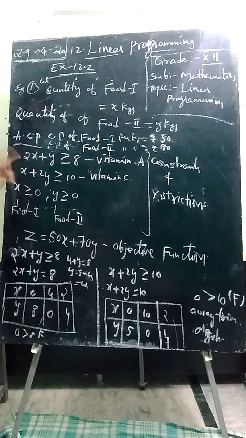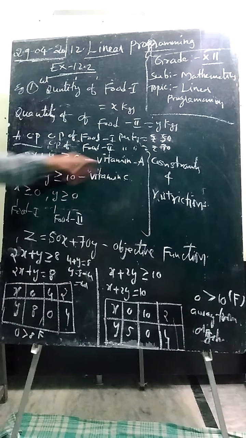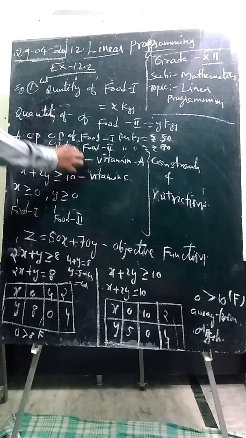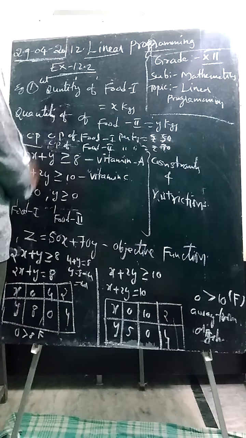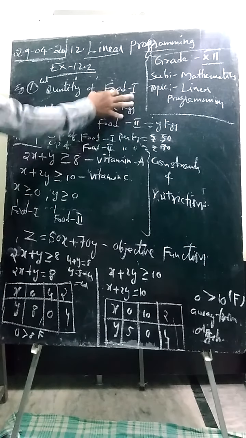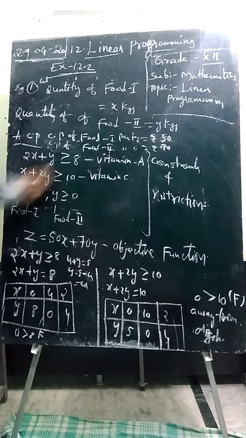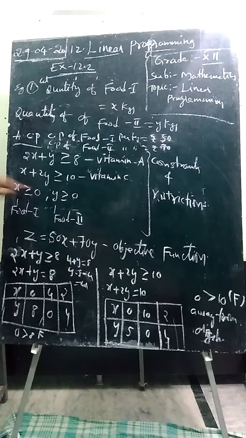According to the problem, we got linear inequations, or constraints: 2x plus y greater than or equal to 8 for vitamin A, because it should be greater than or equal to 8. x plus 2y greater than or equal to 10, because x stands for the weight or quantity of food we are taking. y stands for the quantity of food we are taking to get vitamin A, to get vitamin C. These restrictions are the same, because it is never negative.